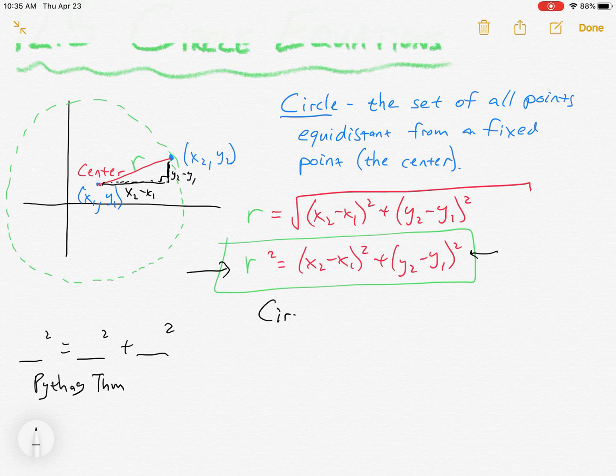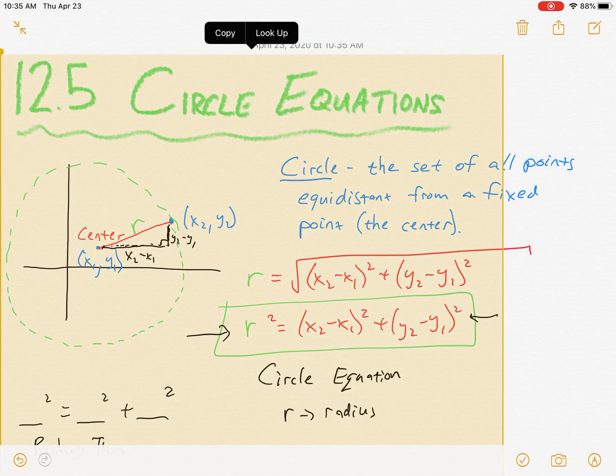This length here is y2 minus y1. You see how you could have done the Pythagorean theorem and gotten this exact thing. So this is the circle equation. If you forget what it is, think about the distance formula. Think about the Pythagorean theorem. They're all about the same.